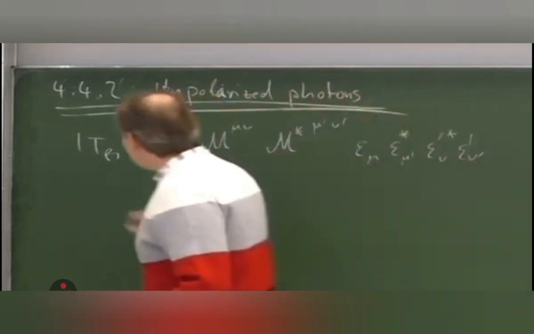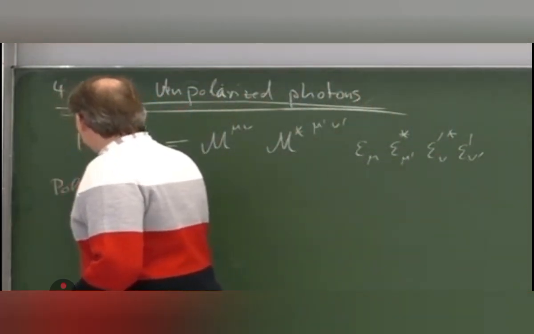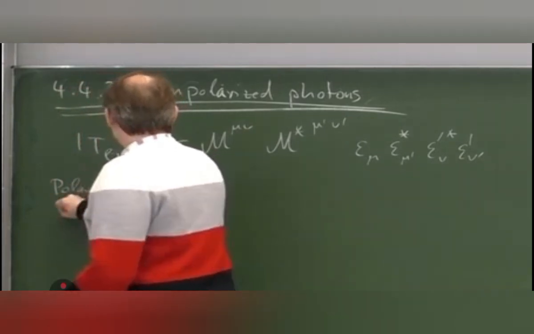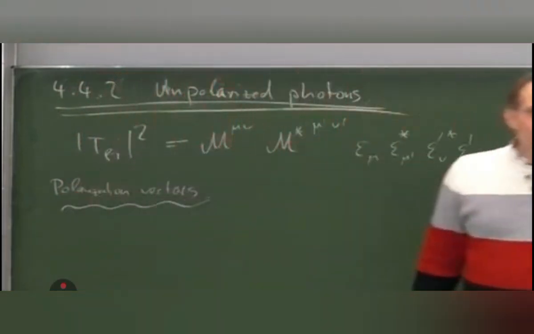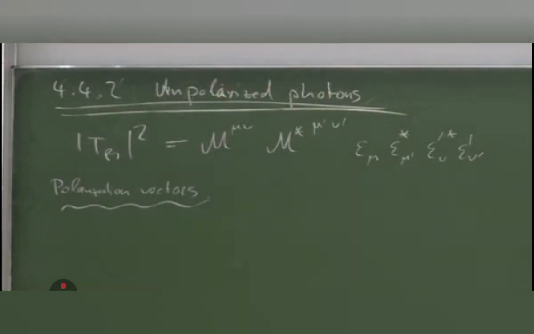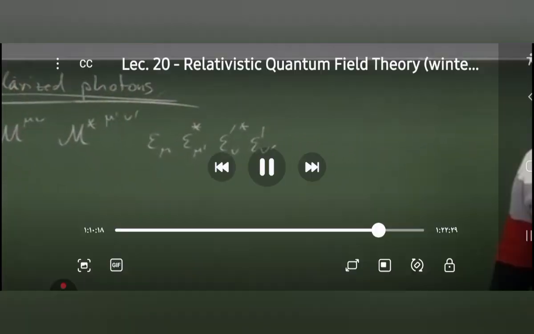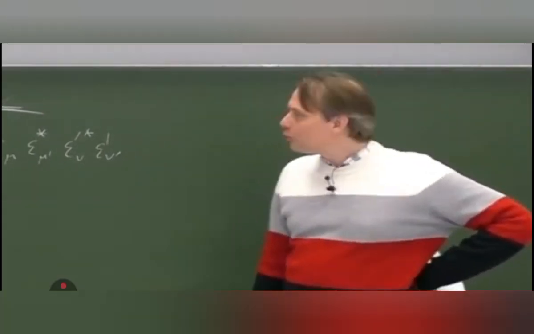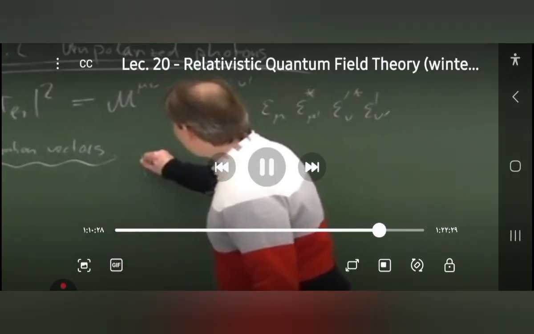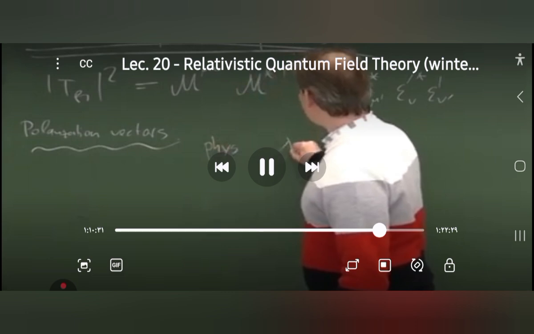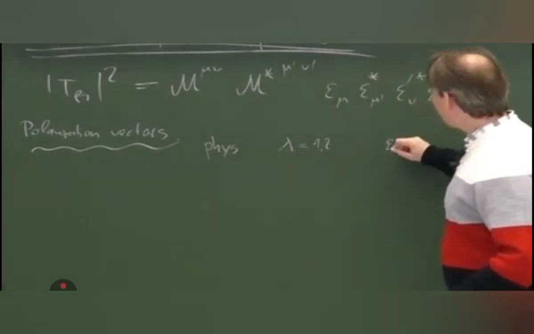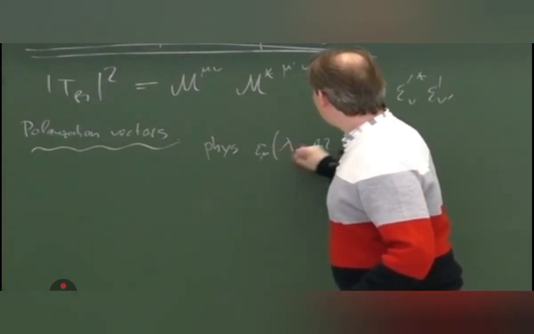And so now let us come back to the discussion of polarization vectors. Maybe you remember that that was an extremely long and complicated chapter in our lecture to discuss polarization vectors of massive and massless spin 1 particles, and now we come back. So let us memorize that there are physical polarization vectors which correspond to λ equal 1 and 2, and they are simply ε^μ for λ equal 1 and 2.